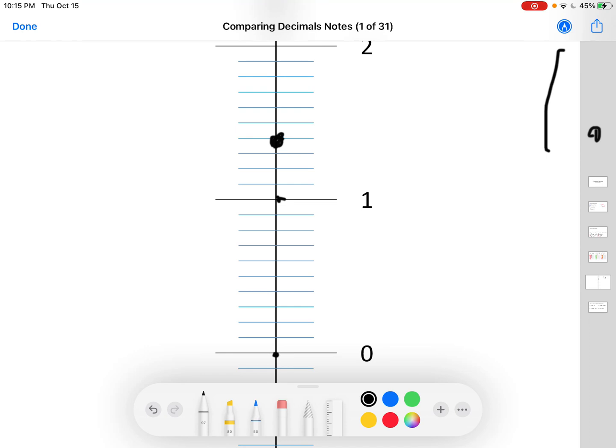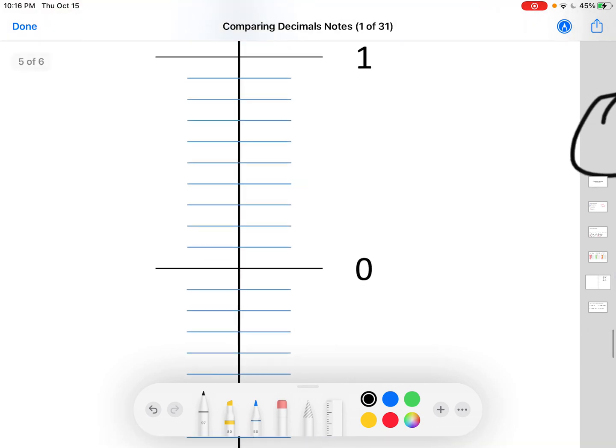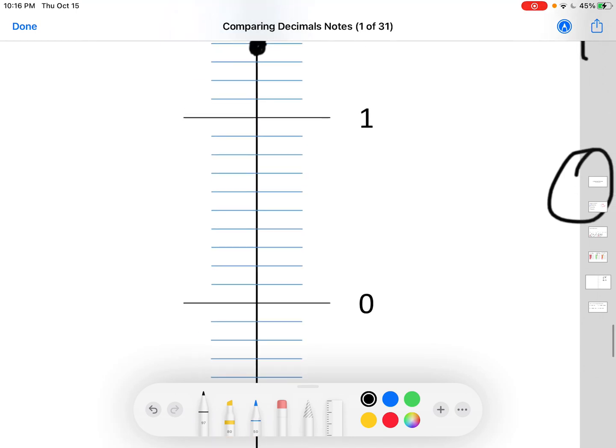And by the way, points go right on the lines. I've had teachers, some old teachers, sometimes put their points next to the line. Points go on the lines. So we'll erase the ones we don't need. That's where 1.4 is. Let's try another number, 0.8. So I'll graph 0, it's less than 1, so 0.8 should be 2 short of 1.